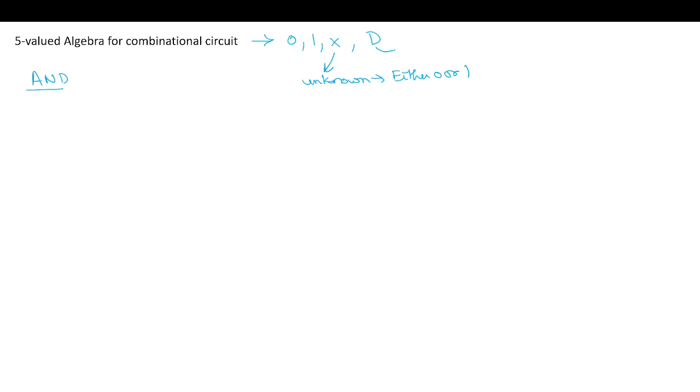And what is D? D is 1 by 0, and D bar is 0 by 1. This is the five value logic.